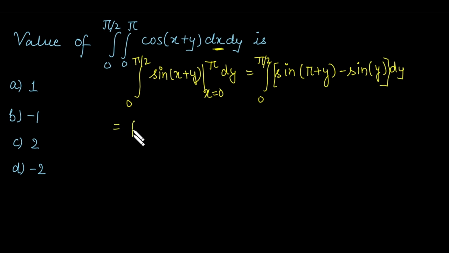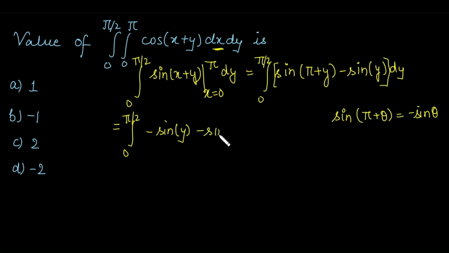This is equal to integration from 0 to pi by 2. Sine pi plus y is minus sine y, because there is a result, that is sine pi plus theta is equal to minus sine theta. Using this result, you have this minus sine of y into dy, that is integration from 0 to pi by 2 of minus 2 times of sine y.